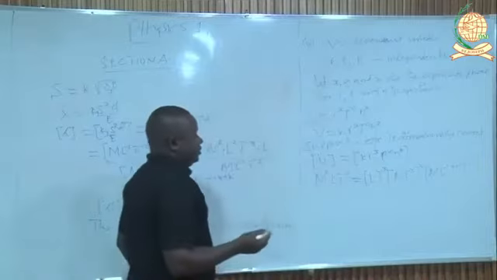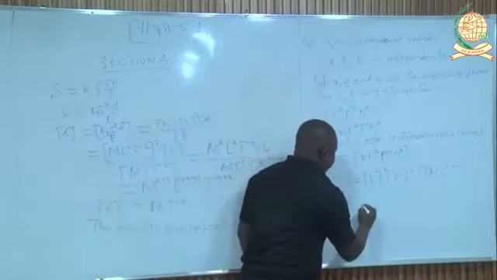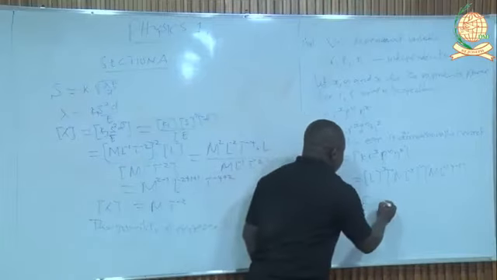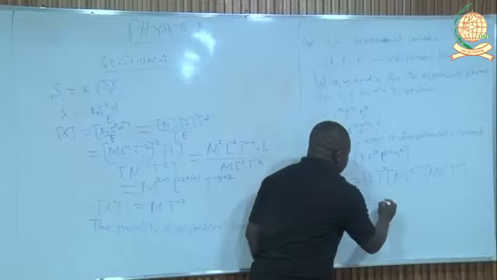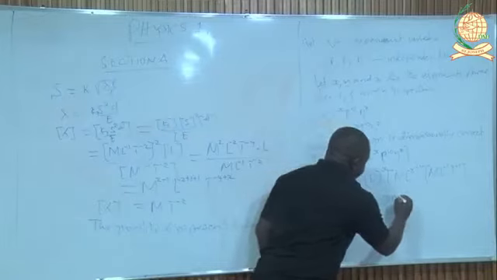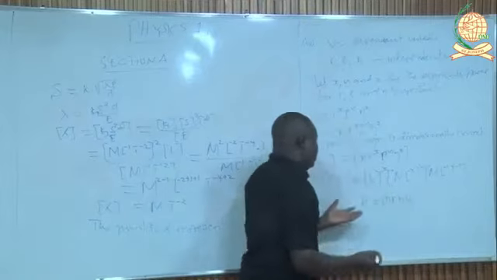Eta, for those who cannot remember, you can use the formula drag force equals 6 pi r eta v, where v is the terminal velocity.